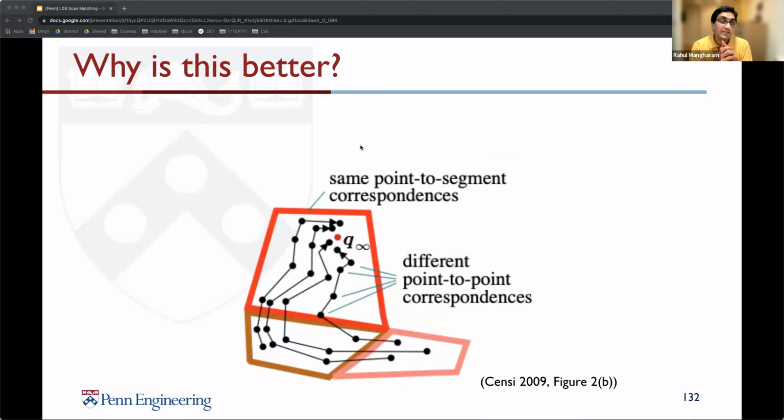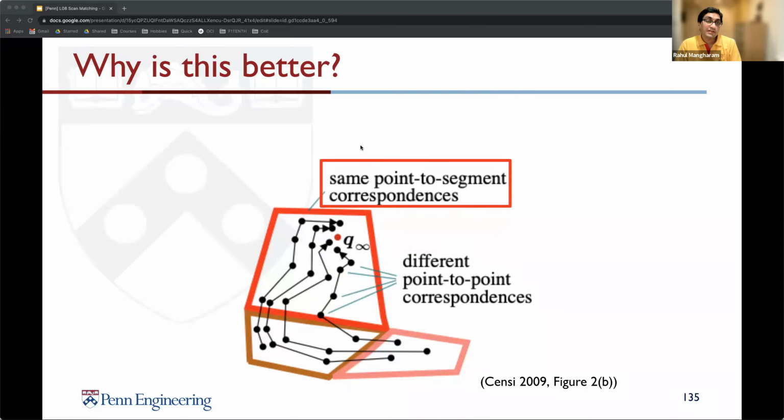This is illustrated in this figure from the original paper, where each point represents a possible transform in the space of transforms. Given some different initializations of these transforms, under the point-to-point metric, the algorithm will follow the trajectory where each point over here will result in different point-to-point correspondences.